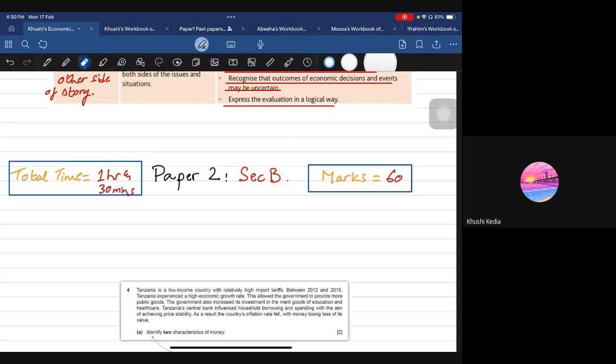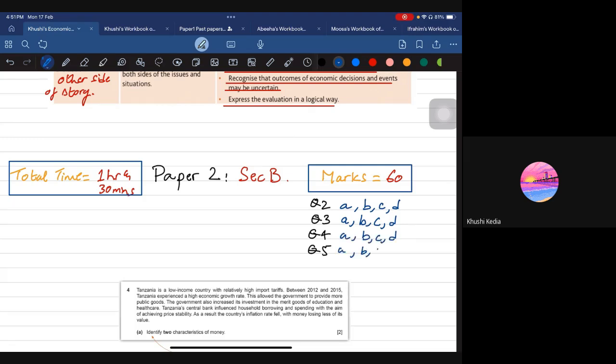So there are going to be four questions. Question number two, three, four, and five. And the parts of these questions are A, B, C, and D. And again, same, marks are 2, 4, 6, 8.